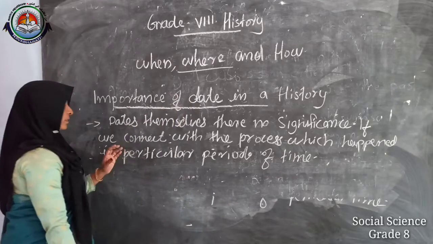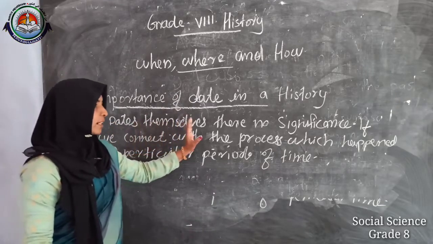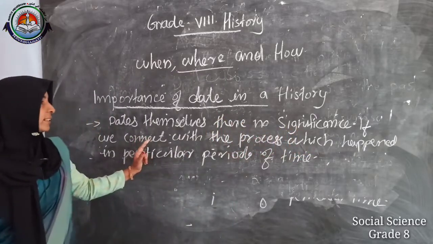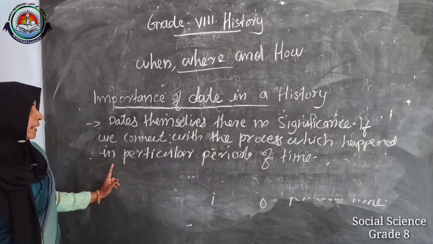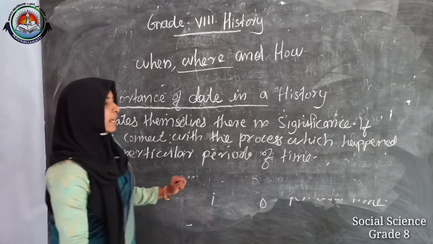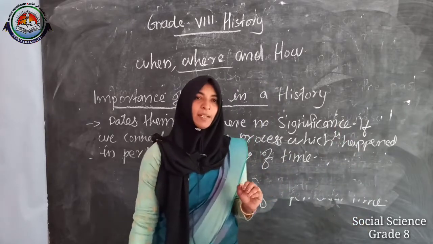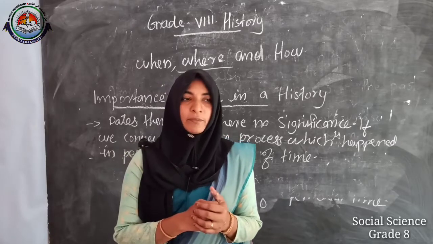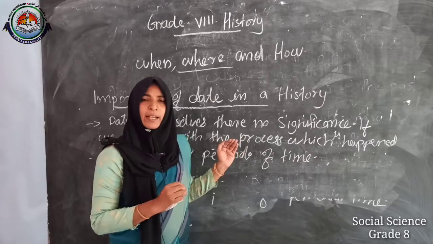Listen, did you get any idea about this point? Dates themselves have no significance, if we connect them with the process which happened in a particular period of time. For example, the invention of the wheel.